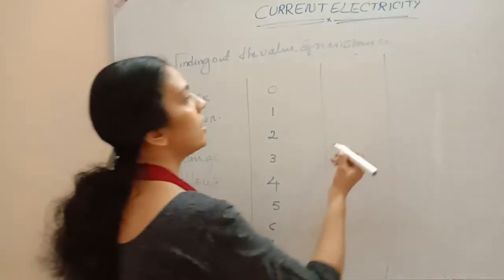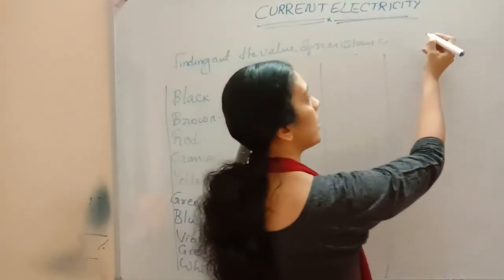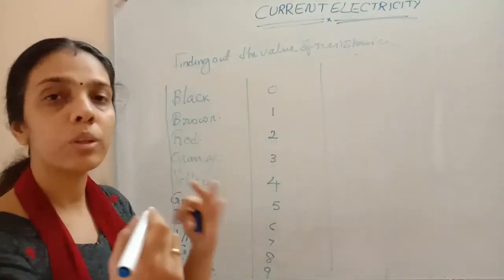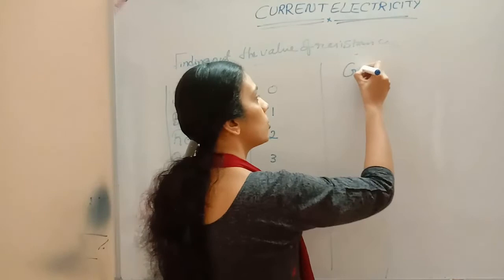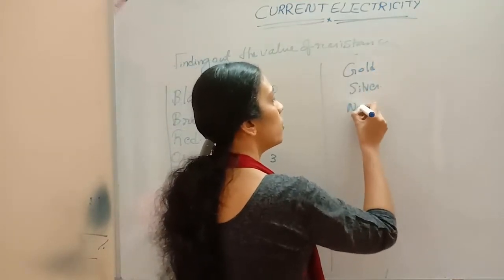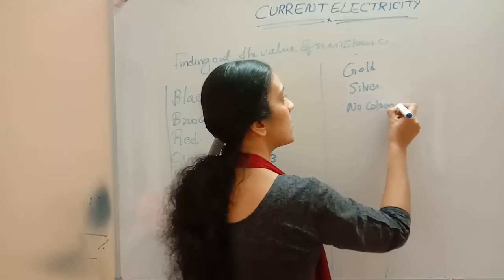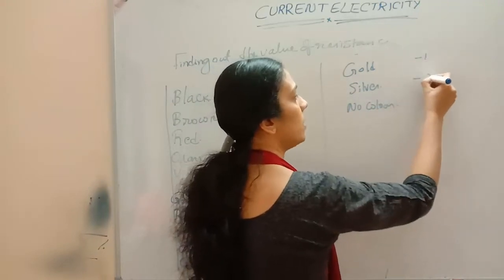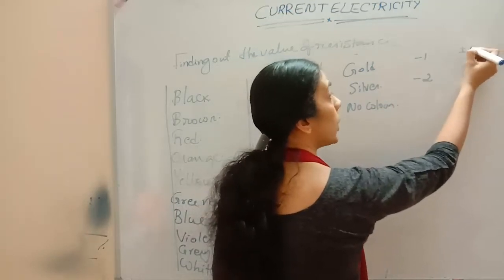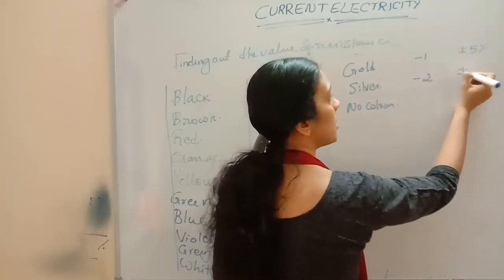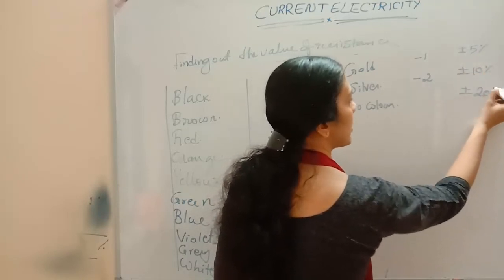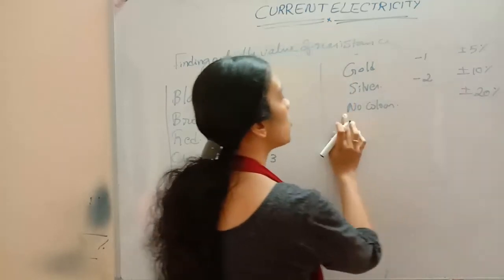Along with that, we have three more colors: gold, silver, and no color. For these, the multipliers are -1 and -2, and they also represent the tolerance value: plus or minus 5%, plus or minus 10%, and plus or minus 20%.